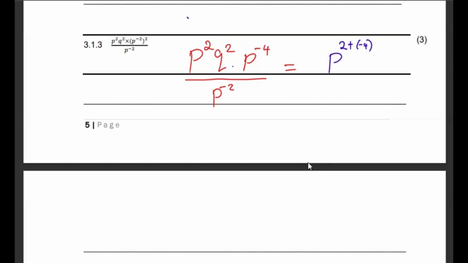But since I'm dividing, I'll subtract a negative 2, then multiplied by q squared. Looking at this, it's going to be p to the 2 minus 4 plus 2, and then q squared. So this becomes a 0, because 2 plus 2 is a 4, 4 minus 4 is a 0. So our final answer just becomes q squared.